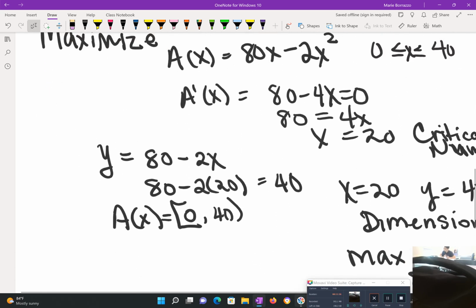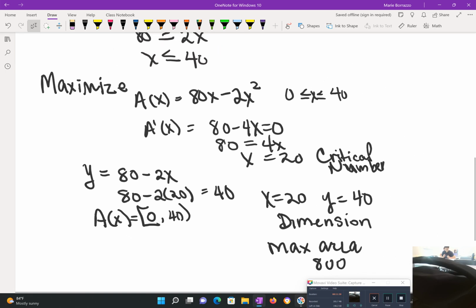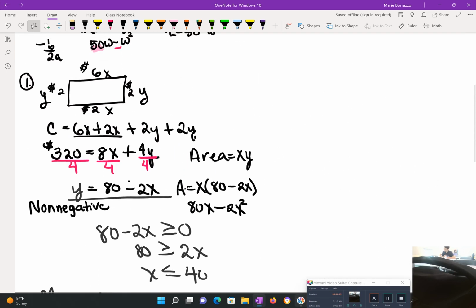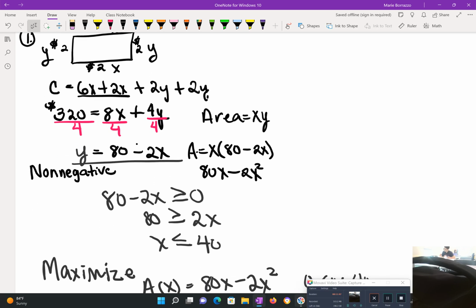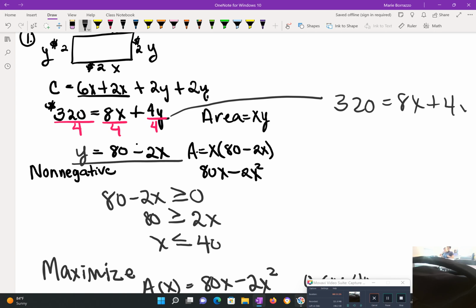Yeah. Where'd you get -2? Where'd the negative come from? The 2x plus. Oh, because mathematically you're moving it around. So this is where you're asking. You're at 320 equals 8x plus 4y. I decided to solve for y, right? So because I solved for y, I subtracted the 8x and moved it over here.